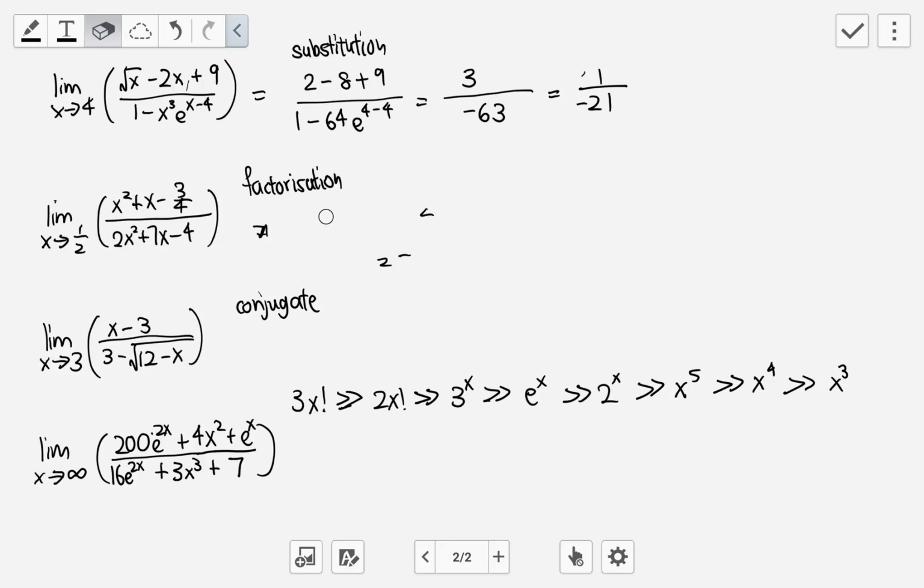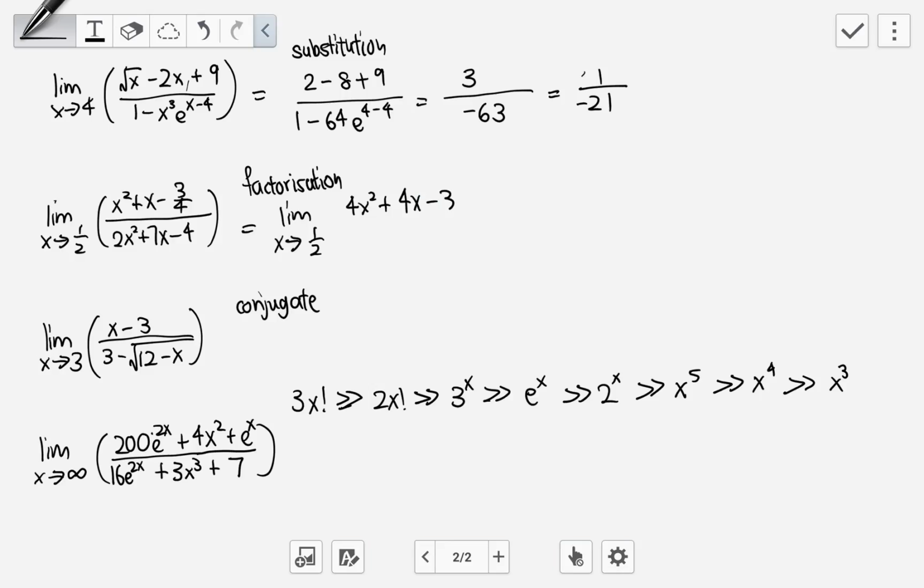So we come back to here. The trick to find this kind of limit is first to simplify the expression, actually to factorize it, and see if there's any common factor. So what I'll do is multiply by 4 on top and below, so this top will become 4x squared plus 4x minus 3, because I do not like to see a fraction over here.